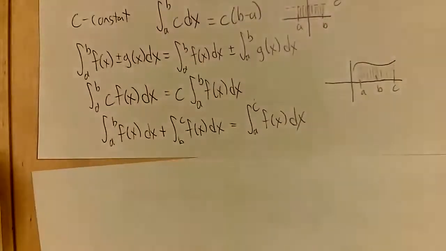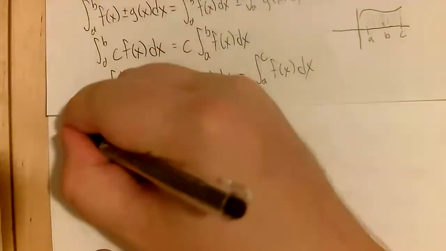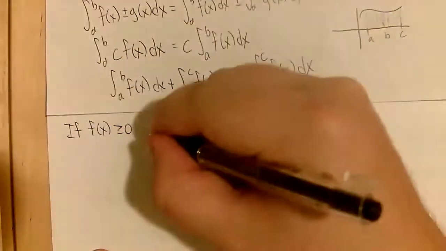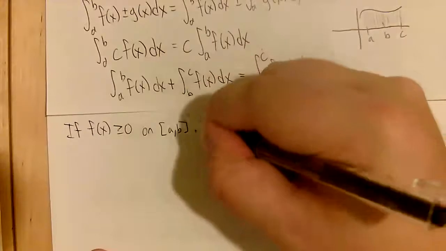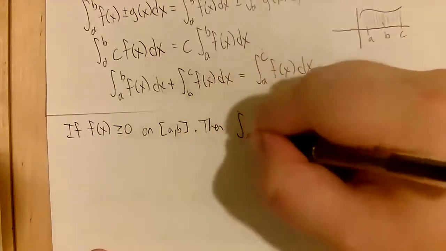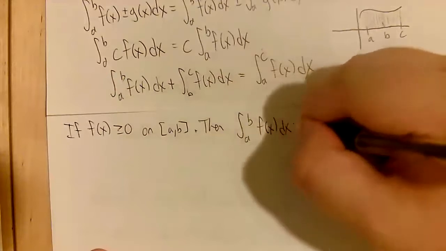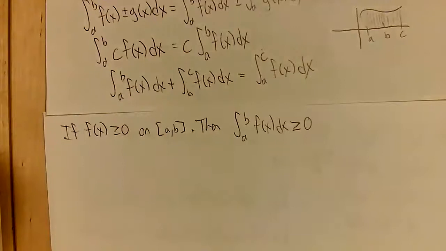All right, we're going to have a few more of these properties, and then we'll do a few problems involving these properties. Okay, so let's suppose that f of x is greater than or equal to 0 on the interval a, b. Then the integral from a to b of f of x dx will also need to be greater than or equal to 0.